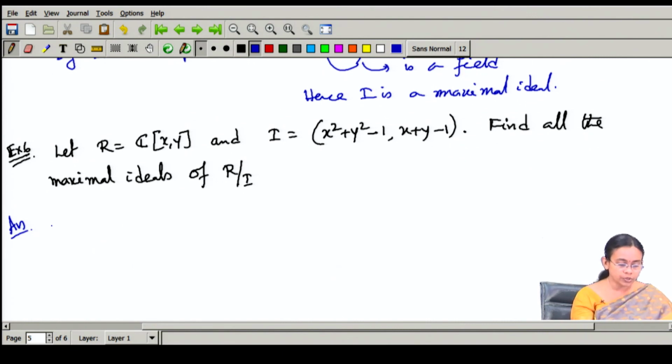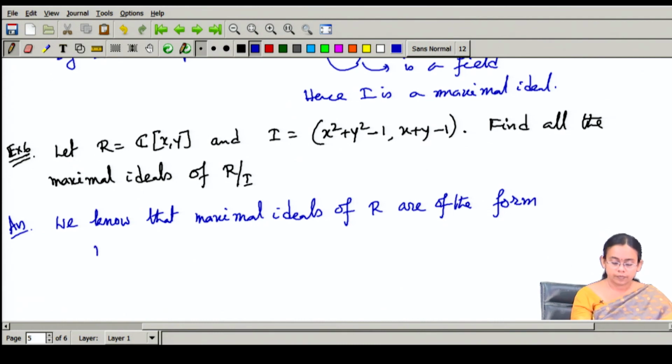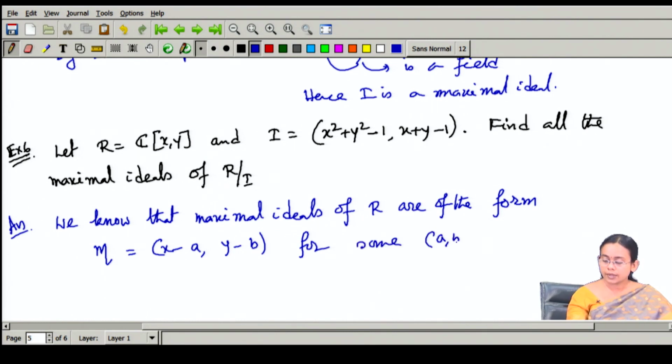We know that maximal ideals of R are of the form M equal to x minus a comma y minus b for some (a, b) in C2.